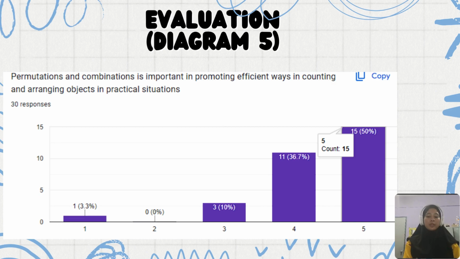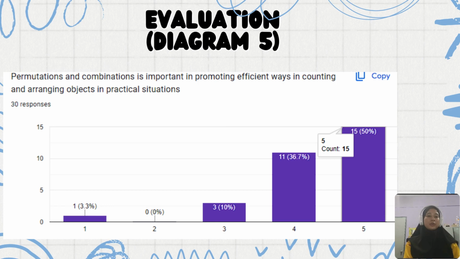Question 4 is about whether permutations and combinations are important in promoting efficient ways in counting and arranging objects in practical situations. Based on diagram 5, 15 out of 30 respondents fully agree that permutations and combinations are important in promoting efficient ways in counting and arranging objects in practical situations, followed by 11 out of 30 respondents.